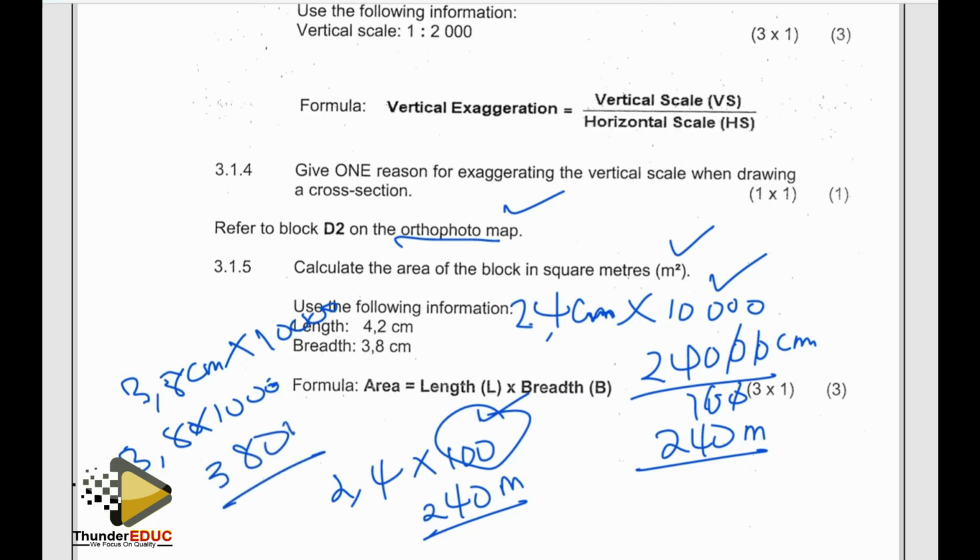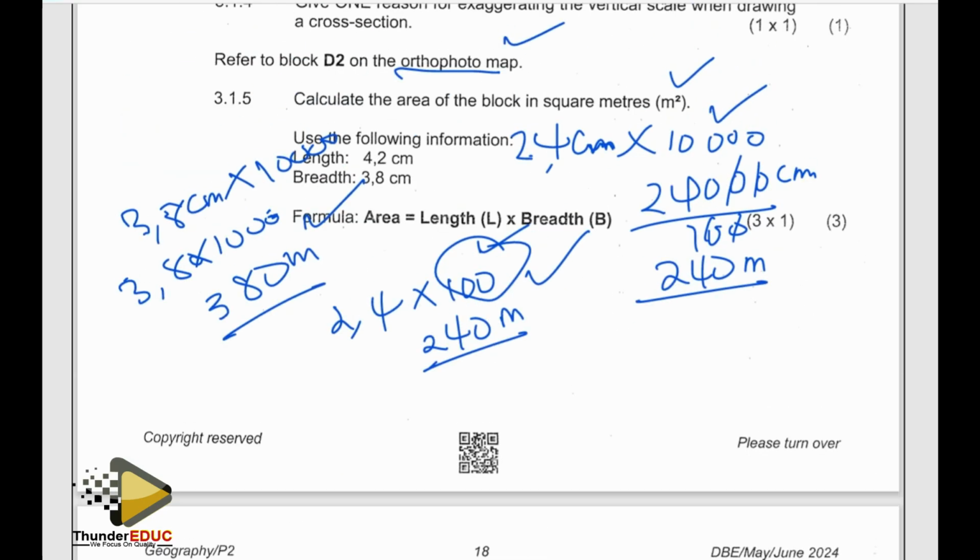Which means now you have your measurement in meters for the breadth and the measurement in meters for the length. You can now multiply those two to get your area in square meters, which will mean that you are now just saying 380 meters, you multiply by 240 meters.